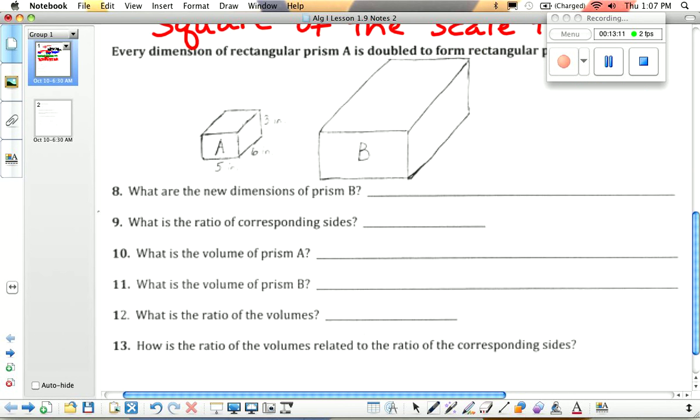Okay, now let's work with 3-dimensional. We got a rectangular prism here, rectangular prism A and rectangular prism B. We're going to double the dimensions of A to get B. So what will the new dimensions be for prism B? 5 doubled is 10 inches, by 6 doubled is 12 inches.